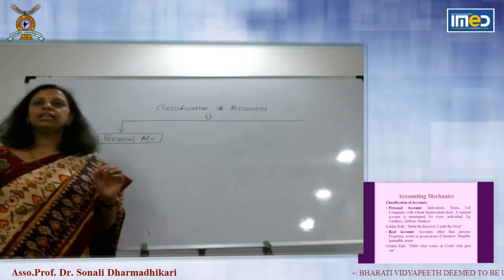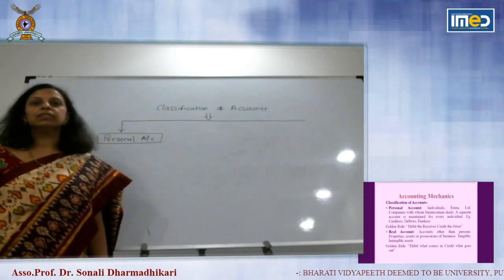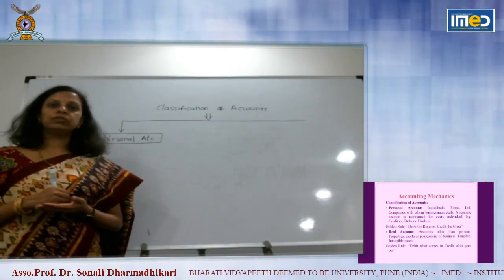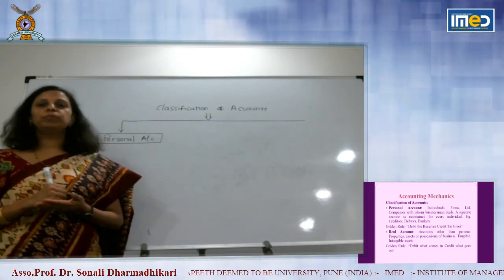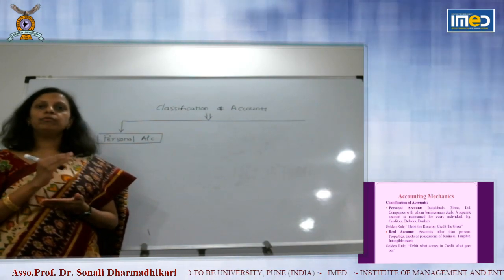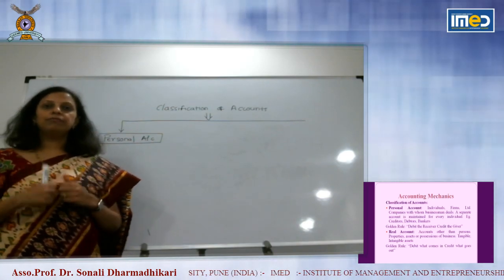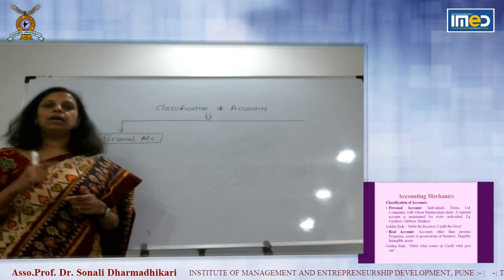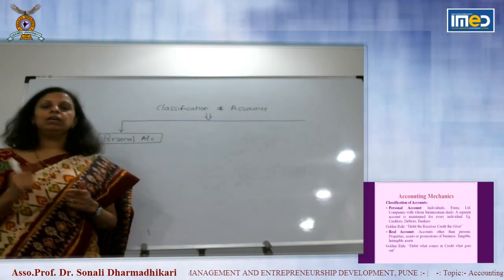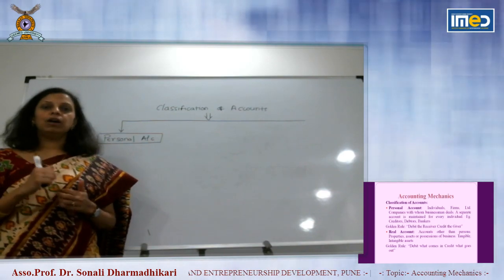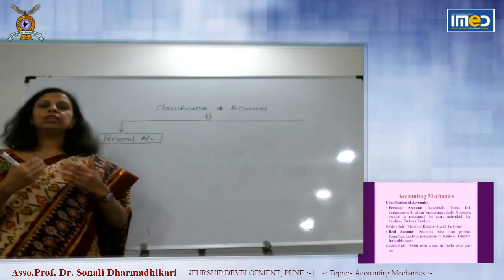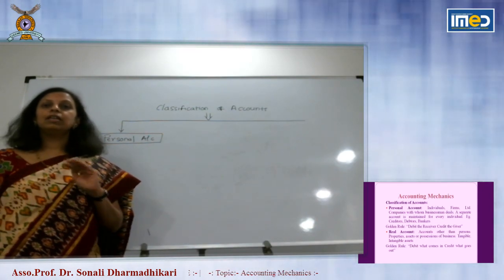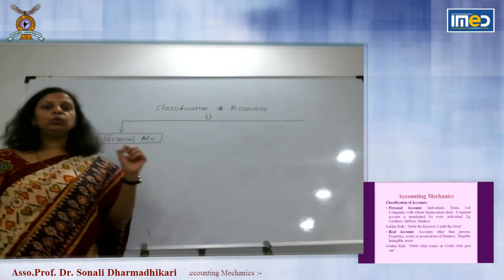For example, all customers have their accounts in a bank. The bank has to prepare every customer's account separately, because every customer wants to know the transactions that happened in his account and what the balance is, so that he can decide how much money he has, how much he can spend, how much he has to save. So this is called a ledger account related to persons.